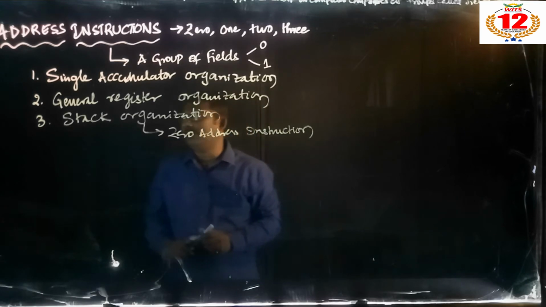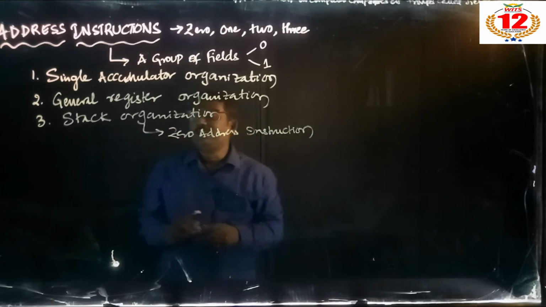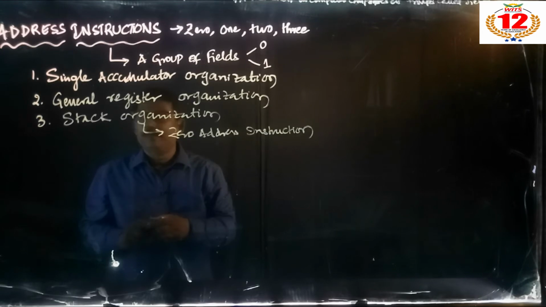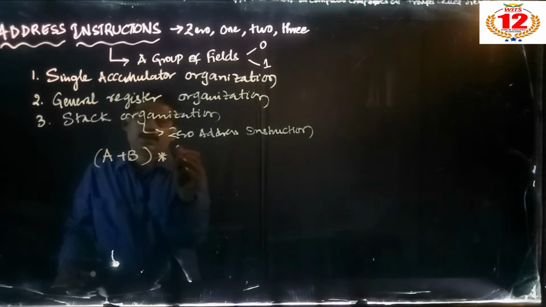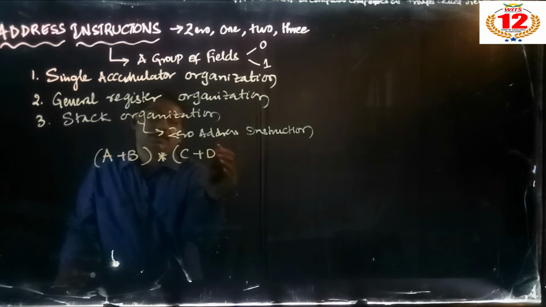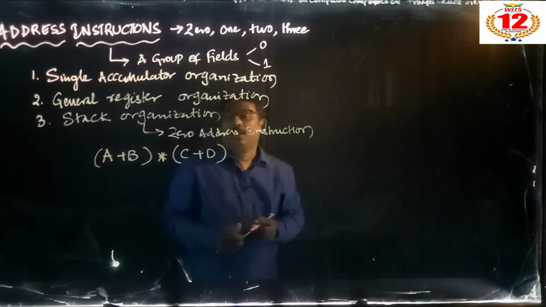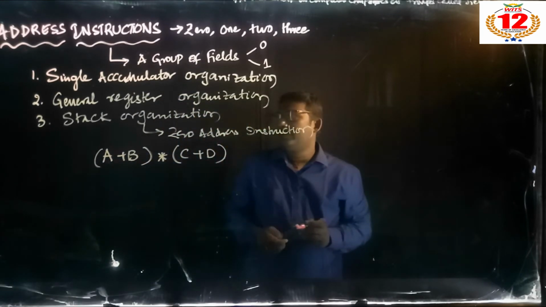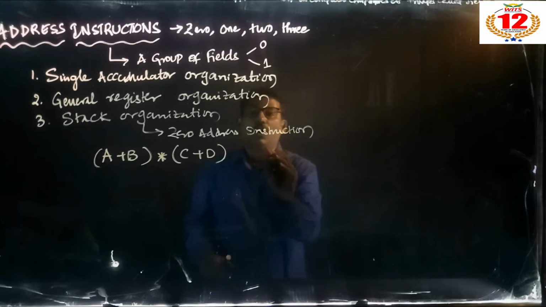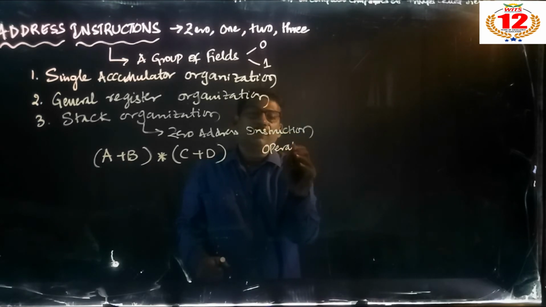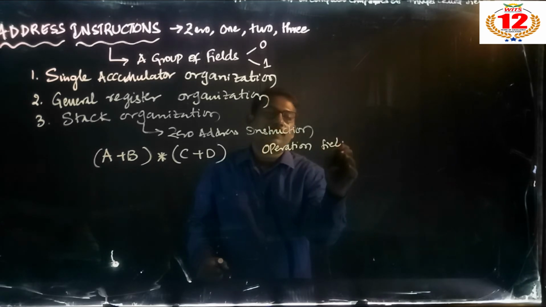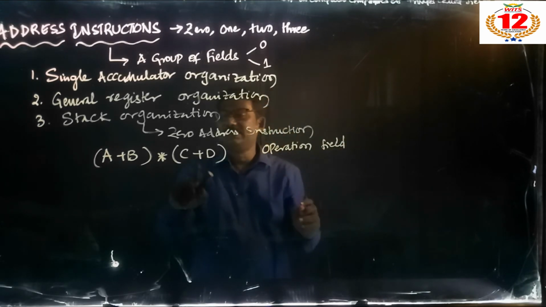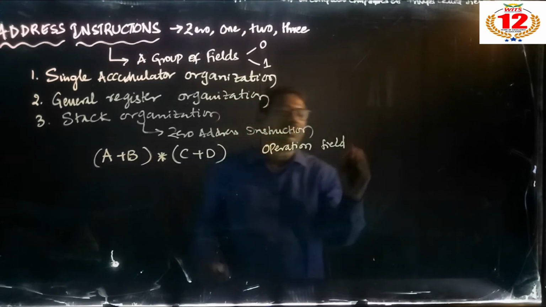Let's take an example: A plus B, C plus D. Here, the fields used are, first, the operation field, that is plus, asterisk.